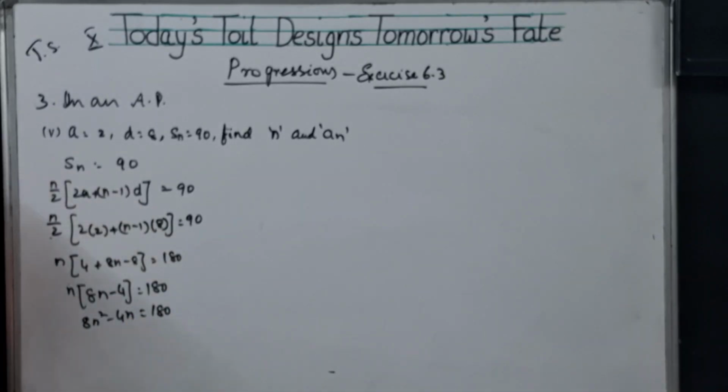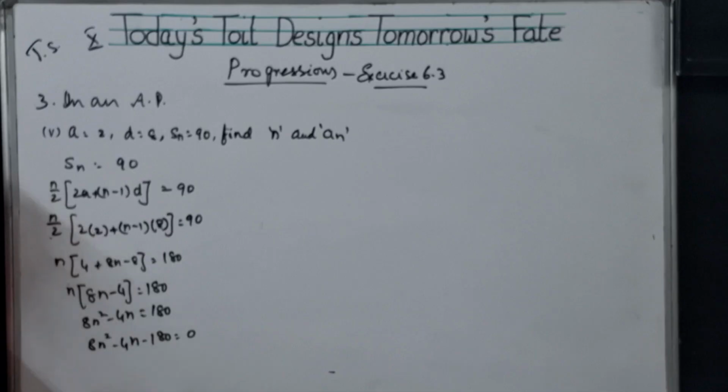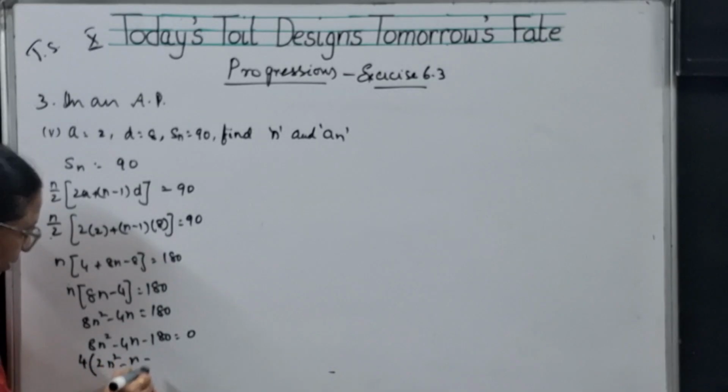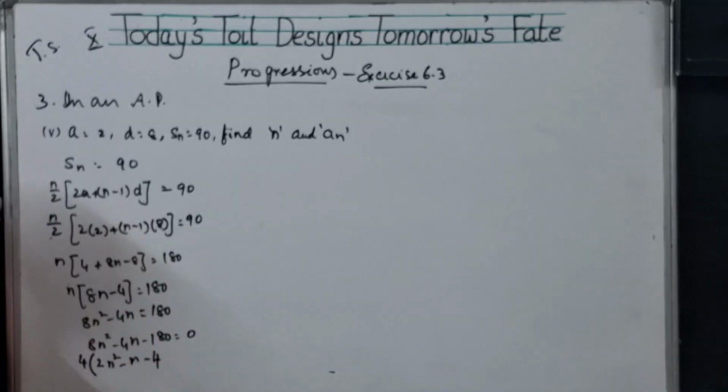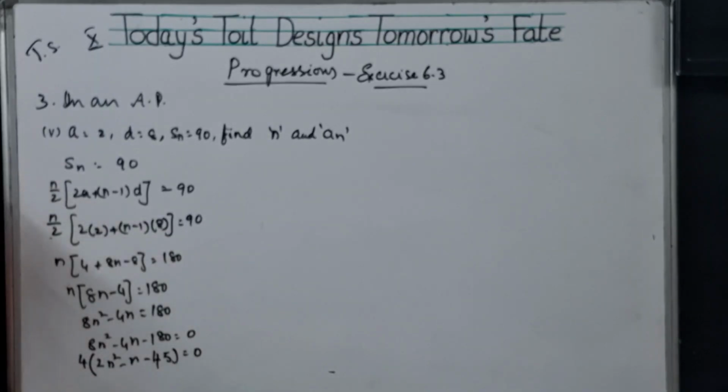Same way, what we have got earlier, the same answer here we have got. That means 8n square minus 4n minus 180 is equal to 0. In this, which one can I take as common, children? All these can be cancelled by 4, so let me take 4 as common. 4 is common: 2n square minus n minus 45 is equal to 0, since 4 times 4s are 16, 4 fives are 20.